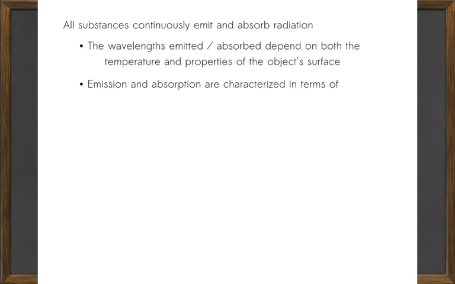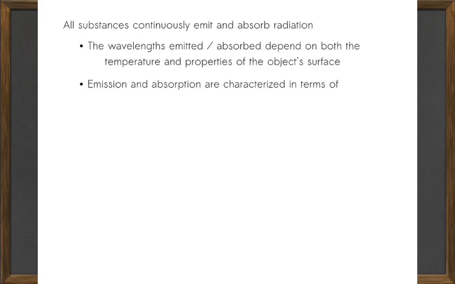Now, one of the properties of radiation is that all objects continuously emit and absorb radiation all the time. So it's happening continuously. Each one of you guys is continuously emitting radiation and continuously absorbing radiation. But that being said, it's not true that you're emitting all wavelengths the same amount.